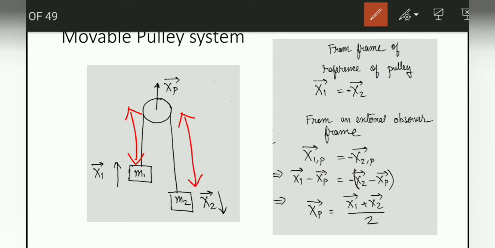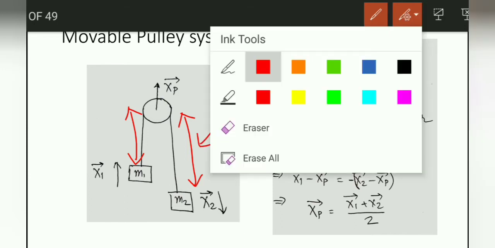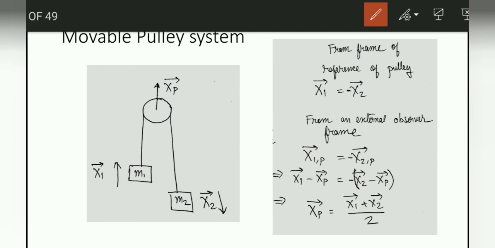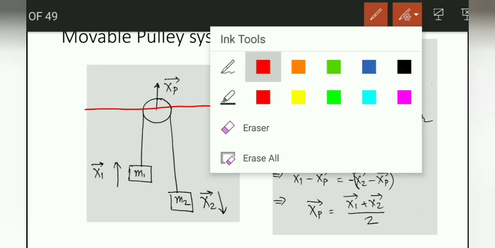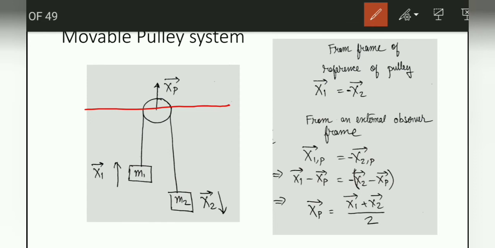The length the string shortens here will be equal to the length the string elongates here, otherwise the string won't remain tight. But that is with respect to this line, we are not interested whether this line moves or not, but with respect to this line, x1p will be equal to minus x2p vector.